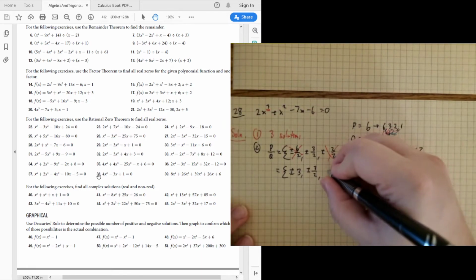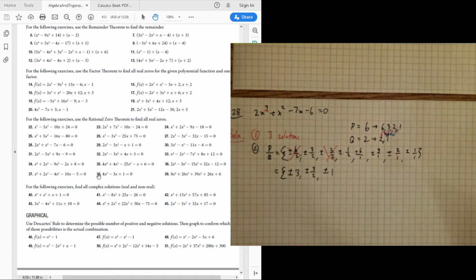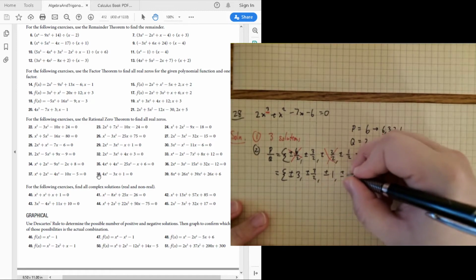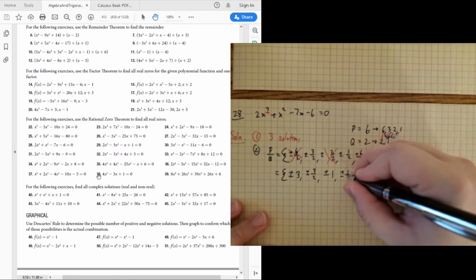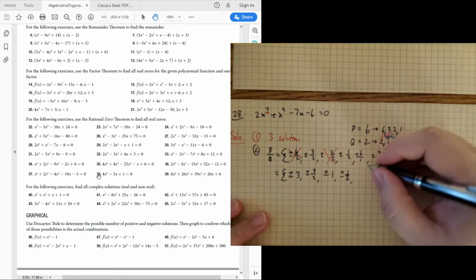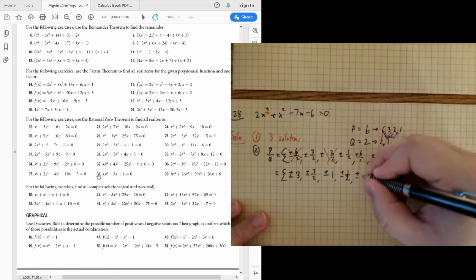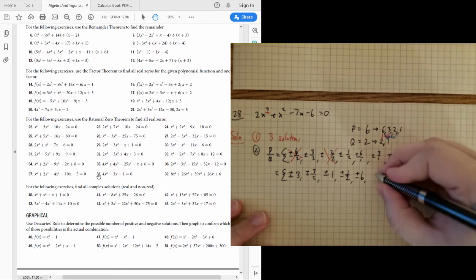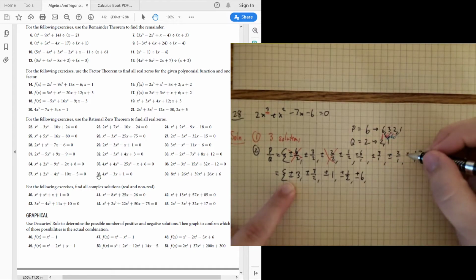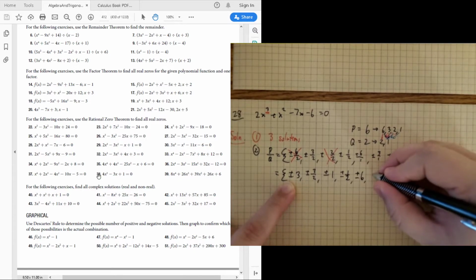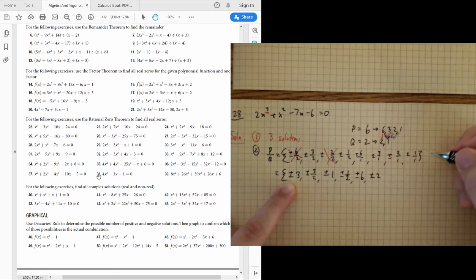That's just silly. Plus or minus 1. 1/2 is unique. 6 over 1 is just 6. 3 over 1 is just 3, but I've already got 3. 2 over 1 is just 2. And 1 over 1 is just 1.